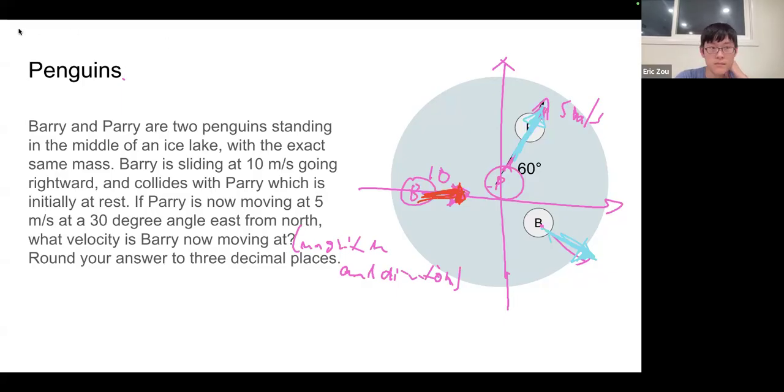Anyone with the answer can send their answer over.